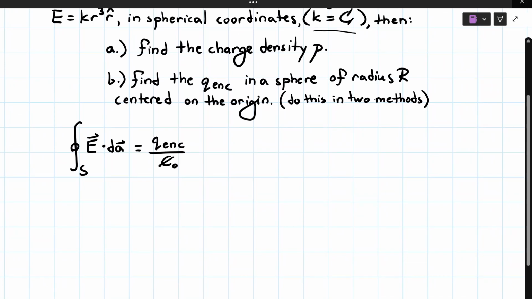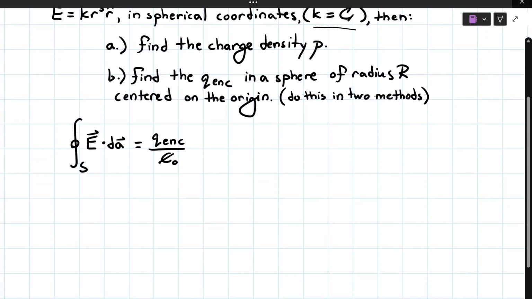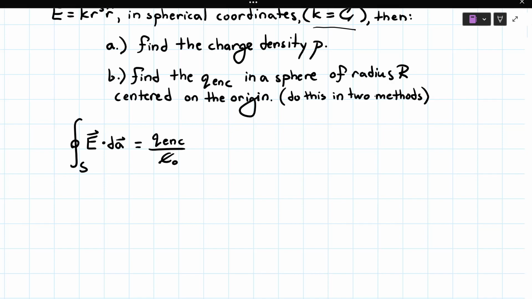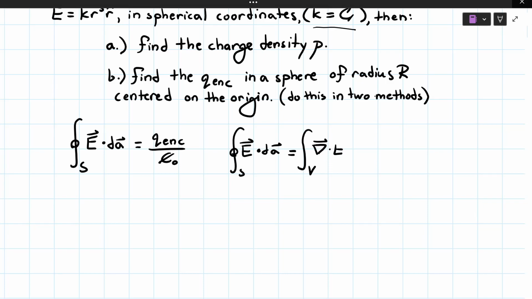Now, an important thing to recognize is that we can apply the divergence theorem to this. So we know that any closed surface integral of some vector equation dA will also be equal to the volume integral of the divergence of that same vector equation, d tau, the non-vector volume element d tau.